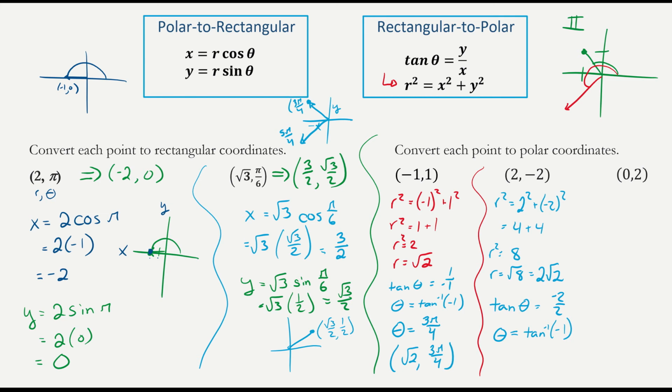So is it 3 pi over 4 or 5 pi over 4? Let's think about our point again. So back up on our coordinate plane here. If I want to plot the point 2, -2, I'm going 1, 2, 1, 2, -2 is right there. So I'm going to be in the fourth quadrant. I should take a moment to correct something I said there.